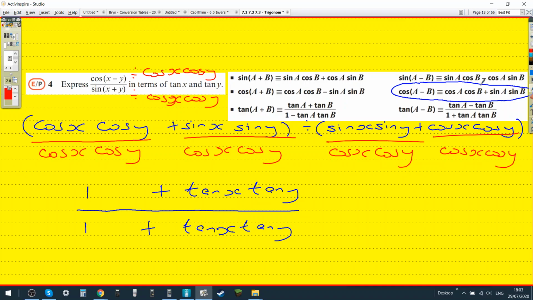And then sin x sin y plus cos x cos y. We then divide the top and bottom by cos x cos y to get tan x and tan y.